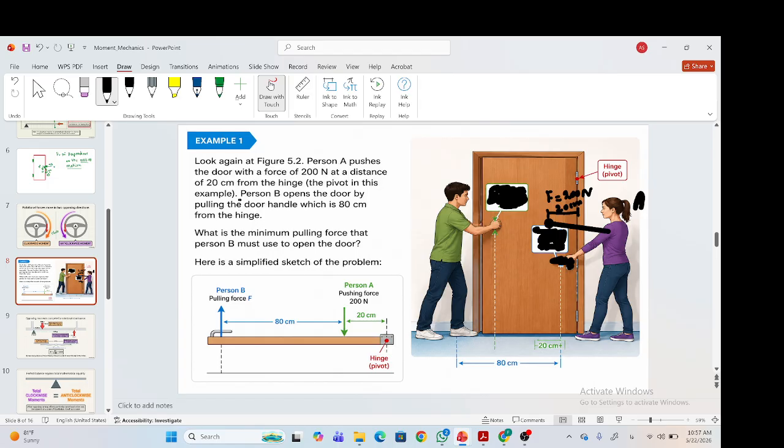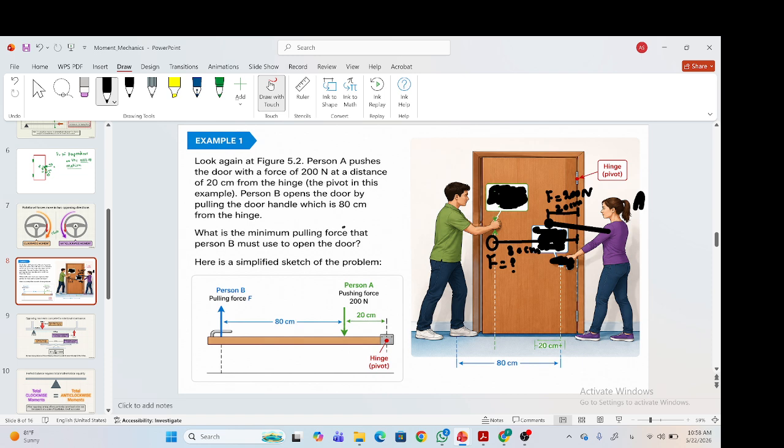Person B opens the door by pulling the door handle, which is 80 centimeters from the hinge. Here is the door's handle, and he is applying a force that is not clear, but the distance from the pivot to this point is 80 centimeters.